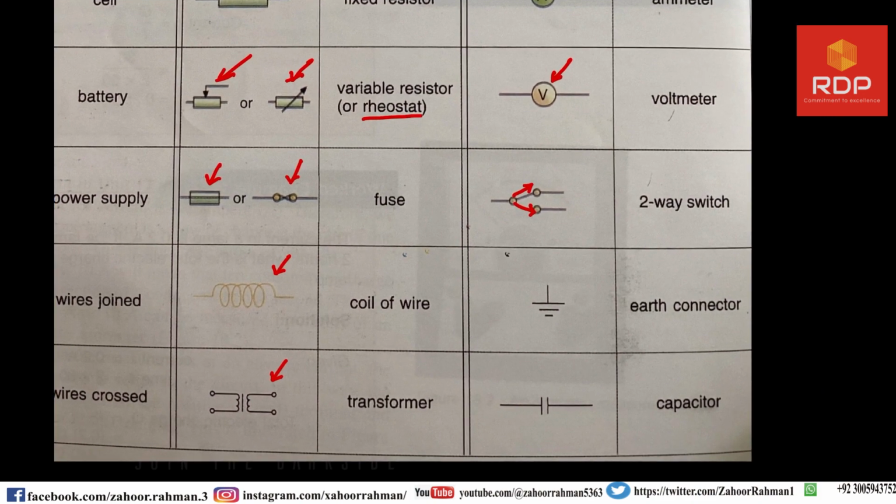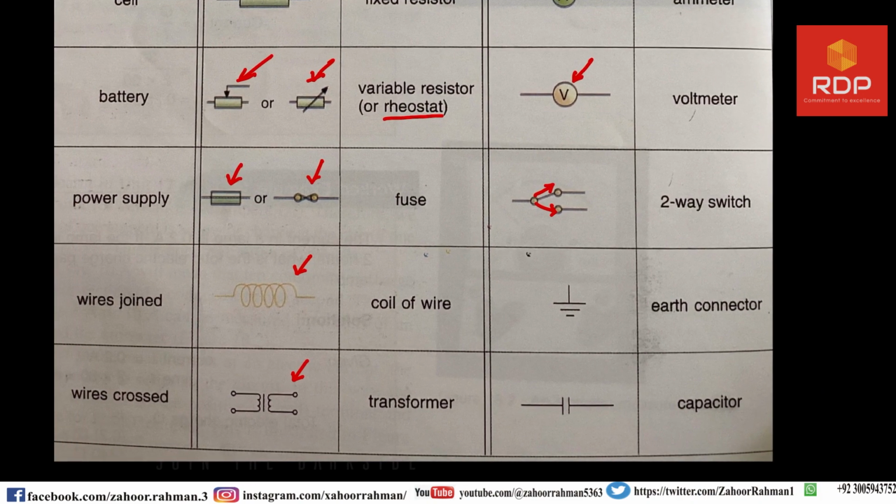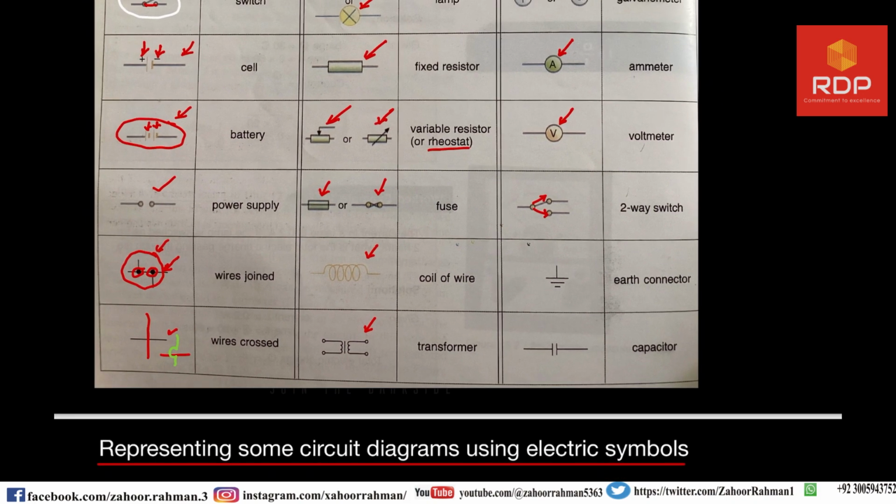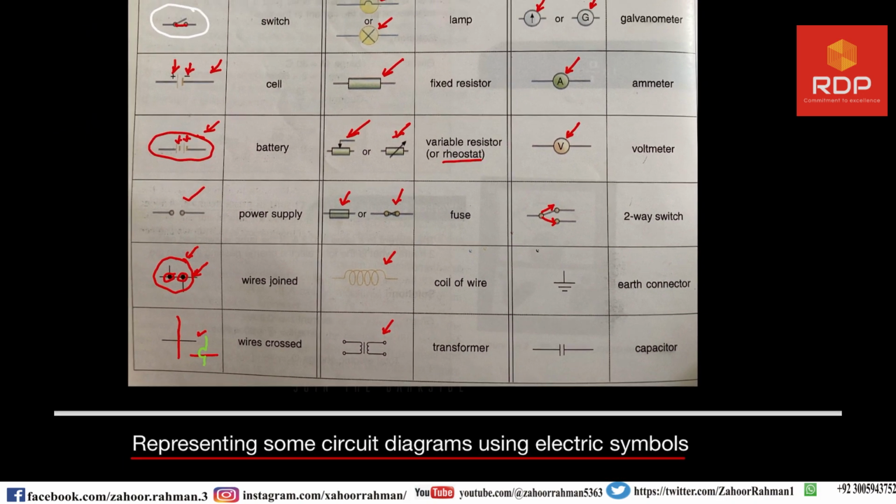When there is a symbol of two parallel lines of equal length, then this is a capacitor. But if one line is smaller and the other is larger, then it is used for a cell. Keep this in mind.